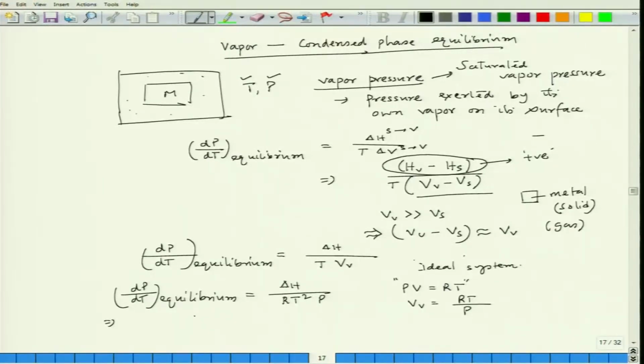I can do a little treatment. If I integrate it, then I will get ln P equal to minus del H by RT plus a constant.